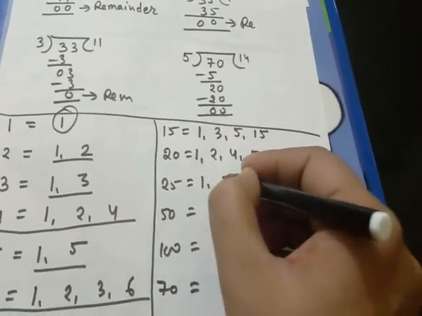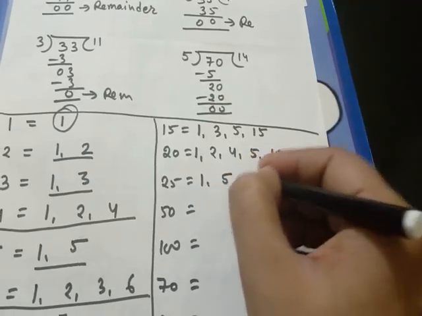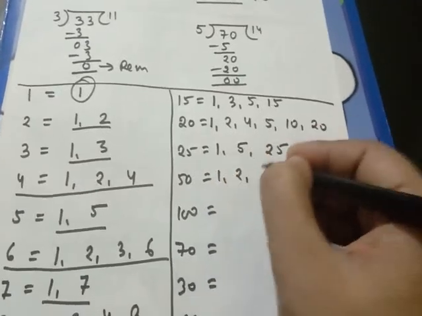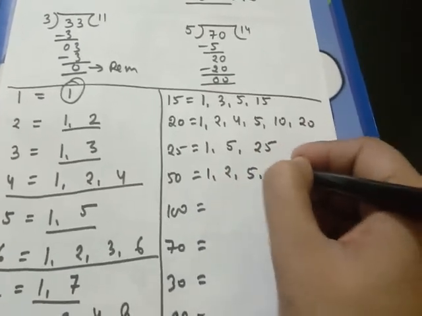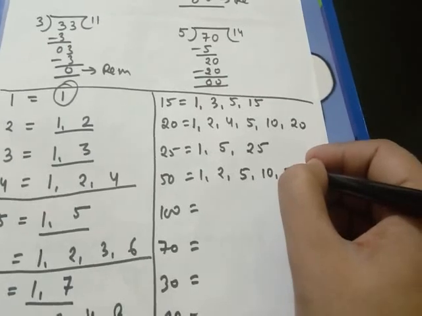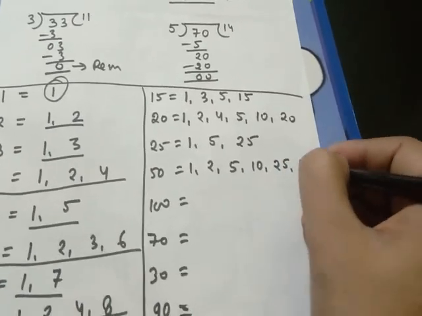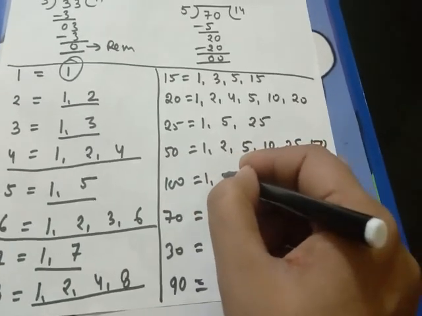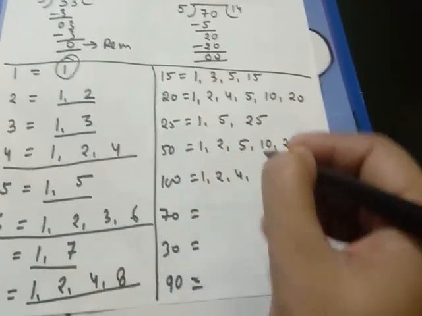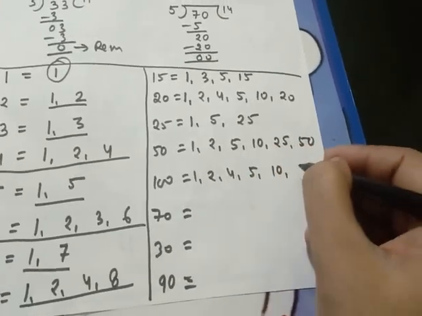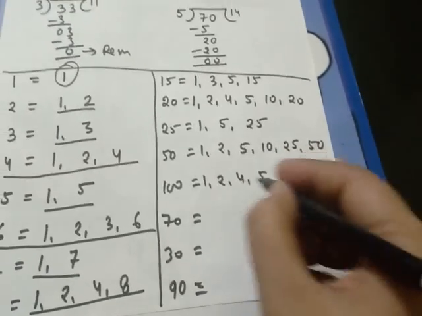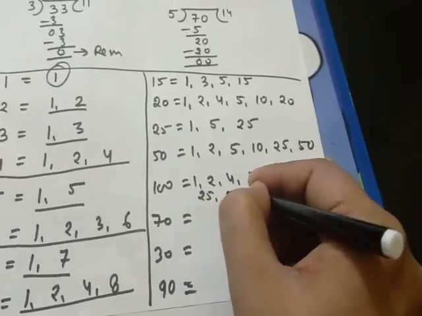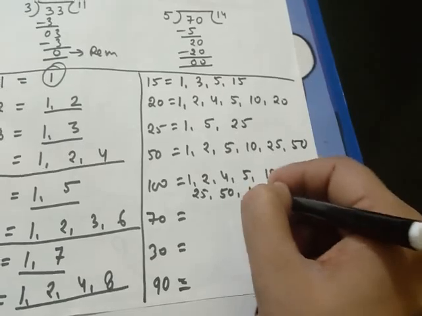For 25: 1, 5 and 25. For 50: 1, 2, 5, 10, 25 and 50. For 100: 1, 2, 4, 5, 10, 20, 25, 50 and 100.